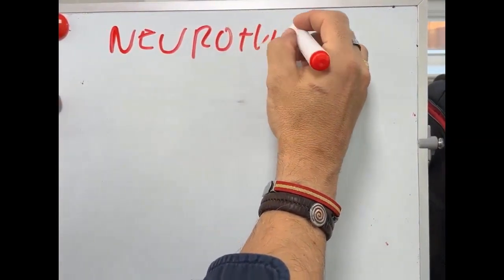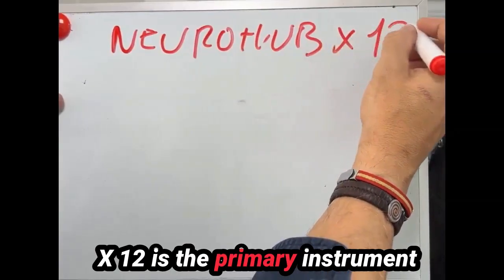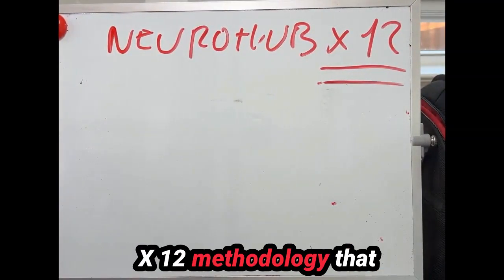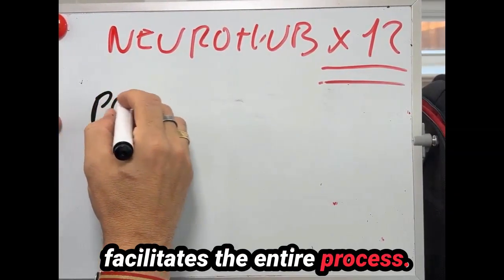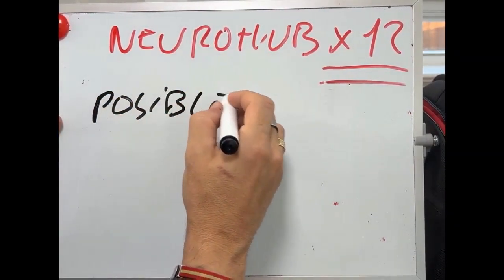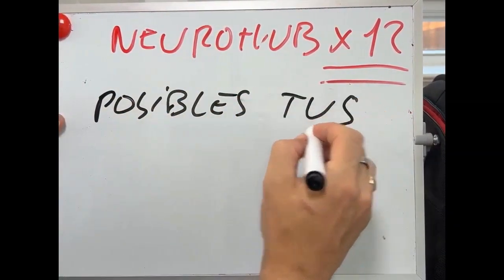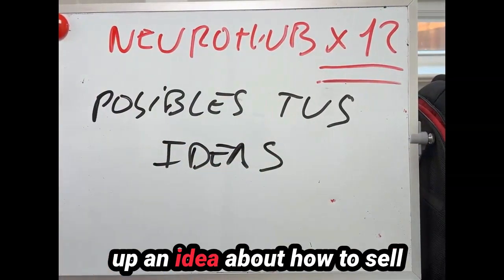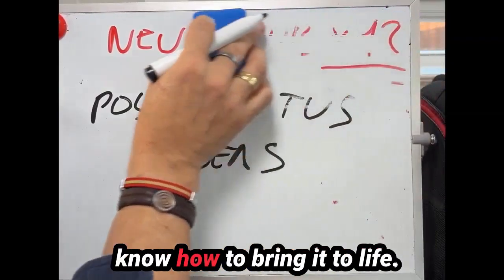X12 is the primary instrument and essential resource within the comprehensive X12 methodology that facilitates the entire process. Your idea is possible. Up until now, you would dream up an idea about how to sell something and you didn't know how to bring it to life.